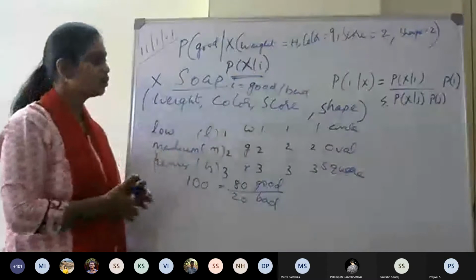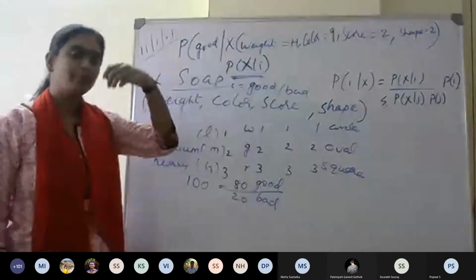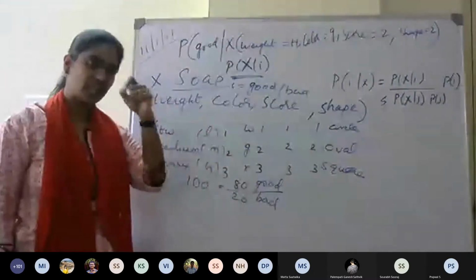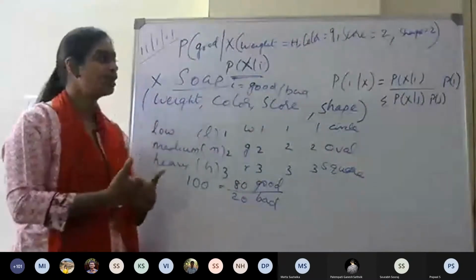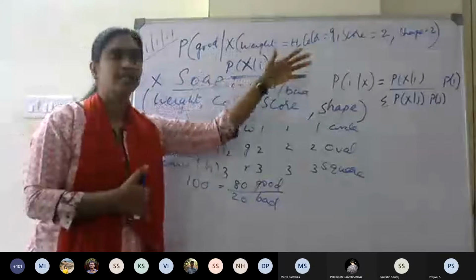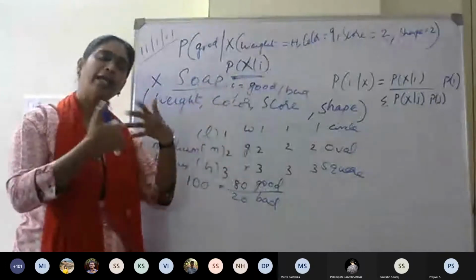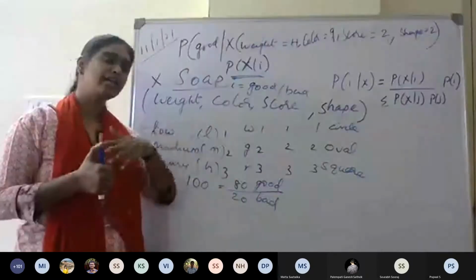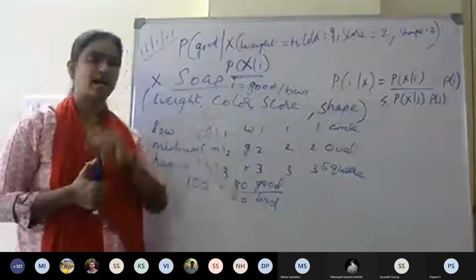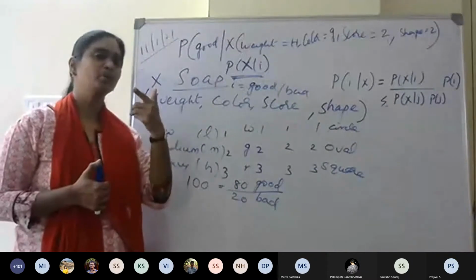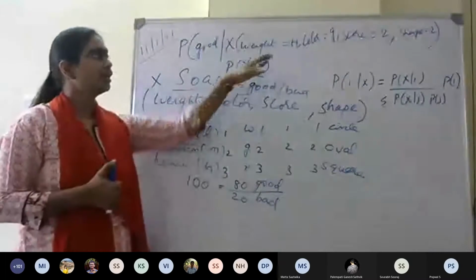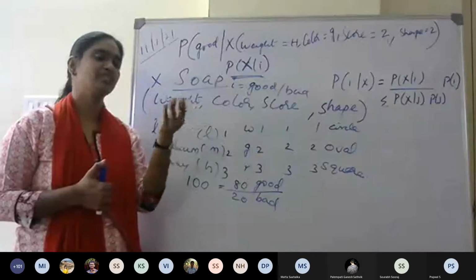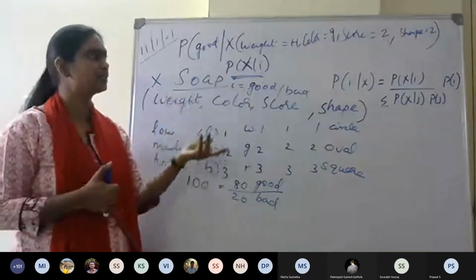Now, for a soap to be good, all these need not be there. Any different combination of attributes can contribute to a good soap. For example, people may not prefer a soap of heavy weight; they may prefer a less or medium weight.